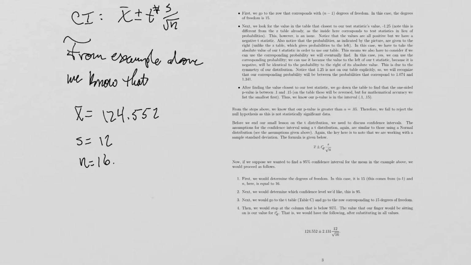Okay. So if we were to start setting this up, using this confidence interval formula, we would have this so far: 124.552 plus or minus t star, okay? It'll be 12, and it'll be over the square root of 16, okay?